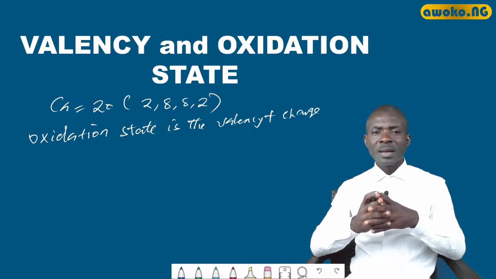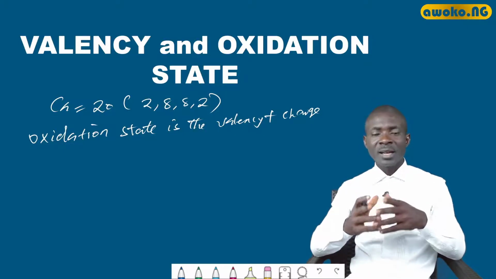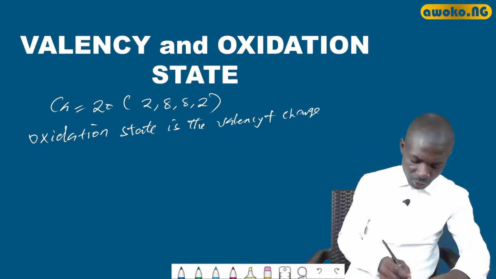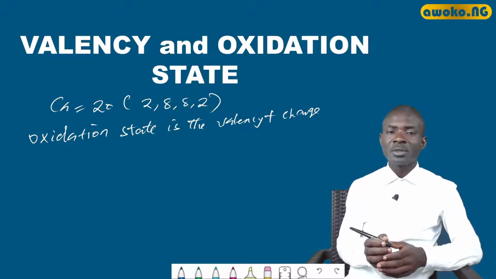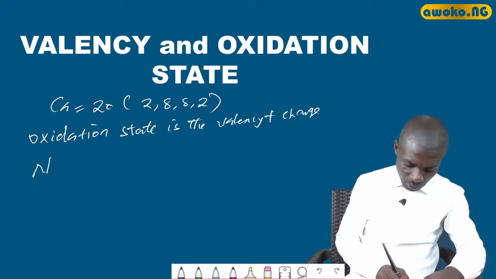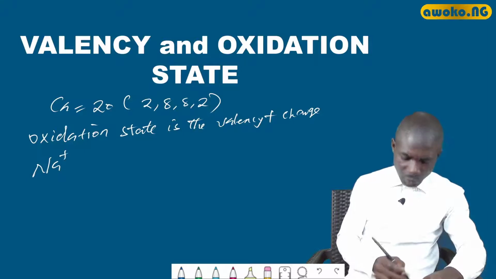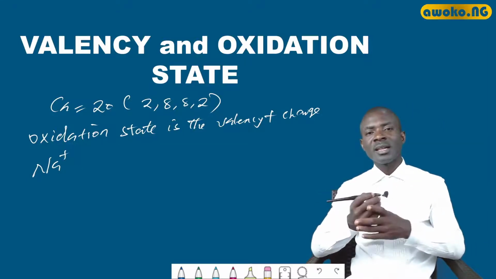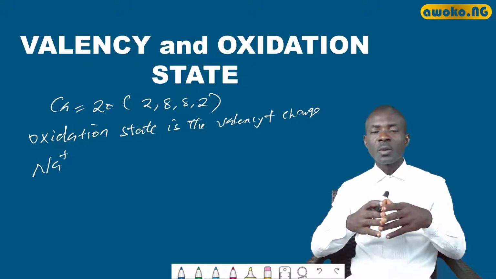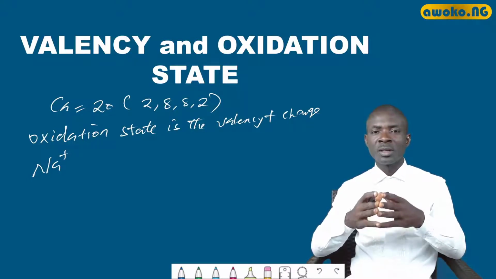A common example of a metal that has a positive valency is the metal sodium. So sodium can be represented in terms of its oxidation state as +1, written as Na+, with the 1 not indicated, but it is already shown that it has +1 as its oxidation state.